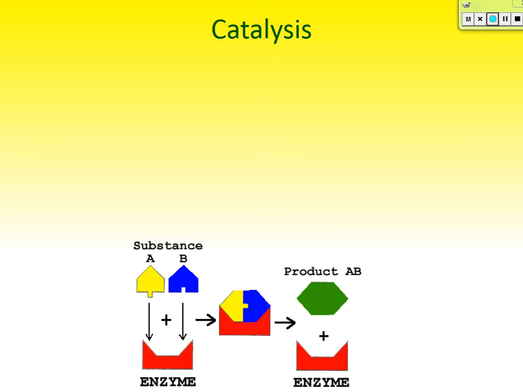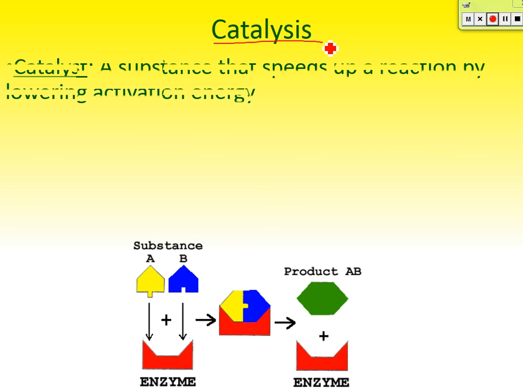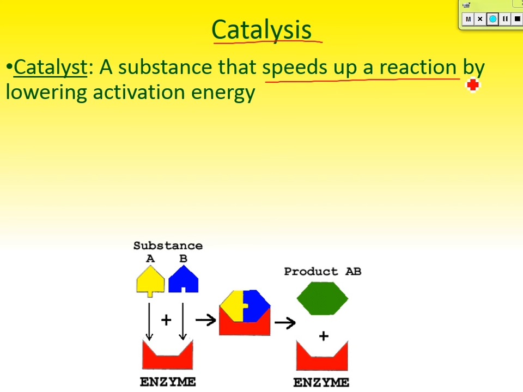Okay, so I wanted to show you an example of a catalyst. So let's look at how they work. First of all, going back to the definition, a catalyst is a substance that speeds up a reaction by lowering the activation energy.